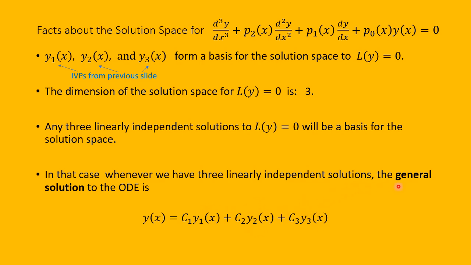When we say this is the general solution, we're saying that this equation represents all the solutions. By picking different values of c1, c2, c3, we would get different solutions to the differential equation up here. So in this equation, which we think of as the general solution, we can think of c1, c2, and c sub 3 as being arbitrary constants.